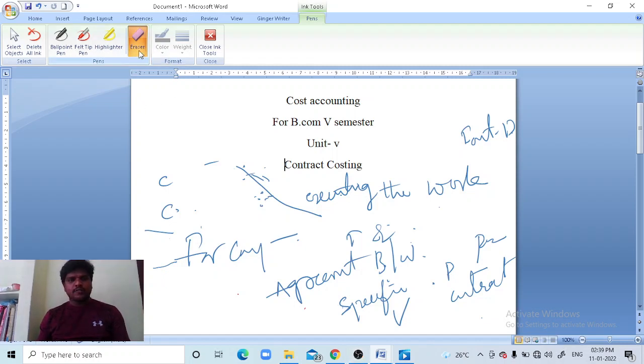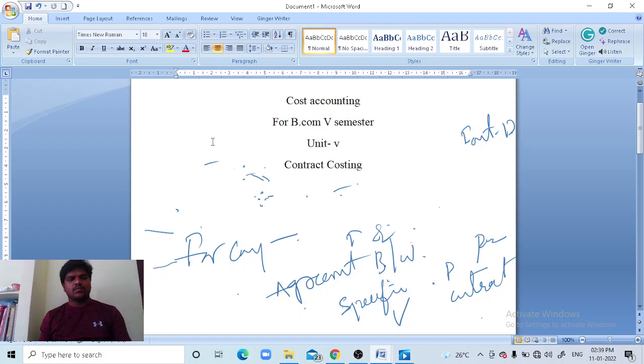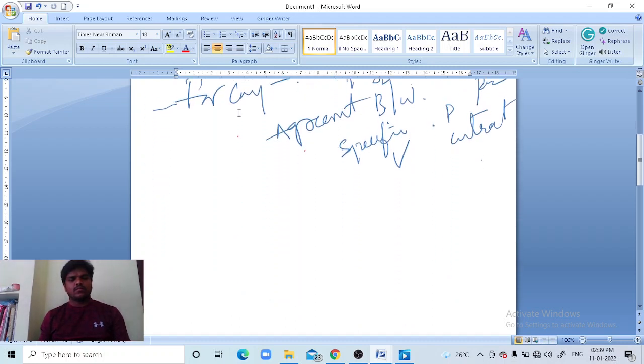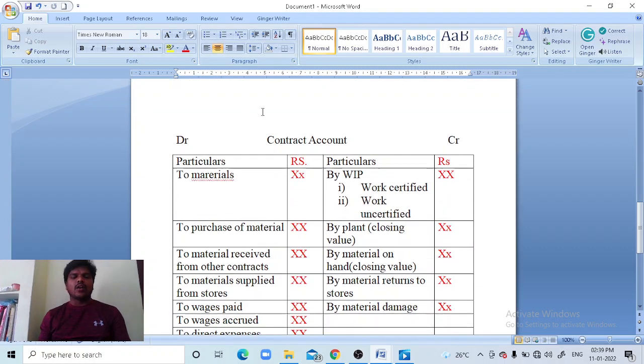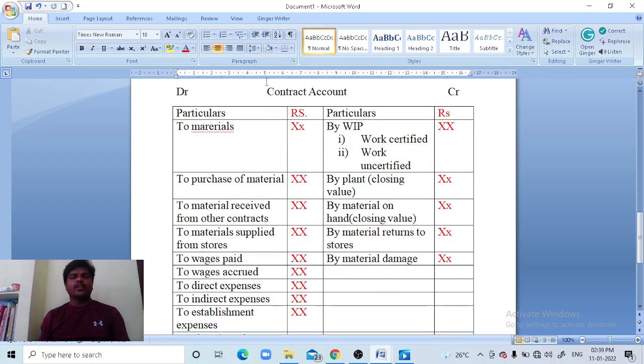Here we have the contract accounting pro forma to know the notional profit for the current year.